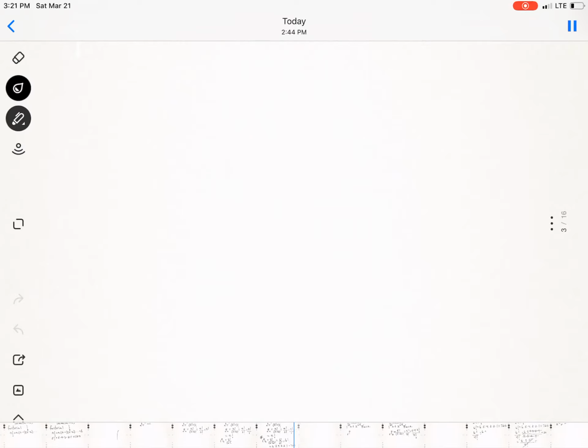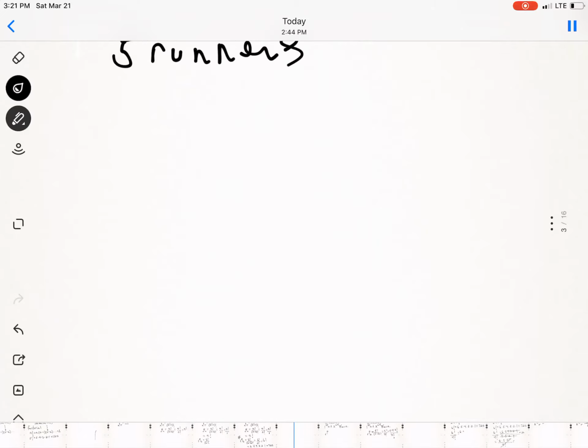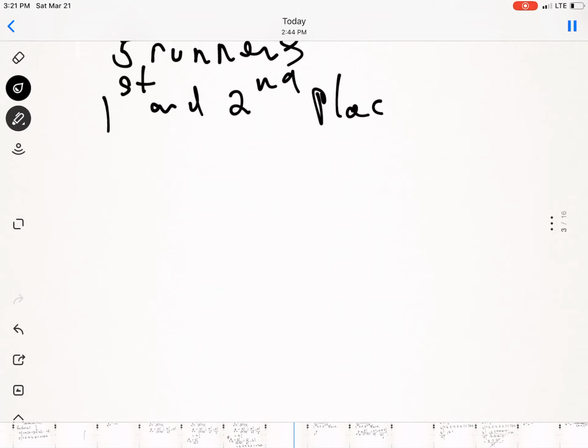We have 5 runners that are running a marathon. Assuming that each runner has an equal chance of finishing in a given position, how many different possibilities are there for first and second place? So we have 5 runners, and we want to know what the possibilities are for first and second place.